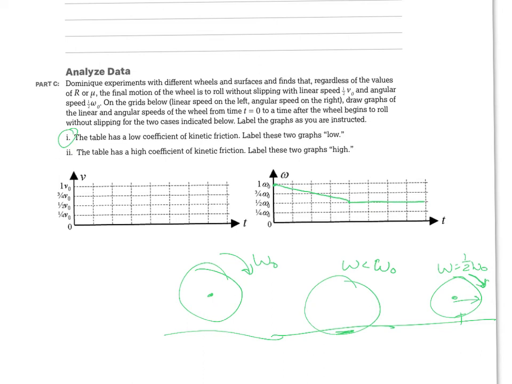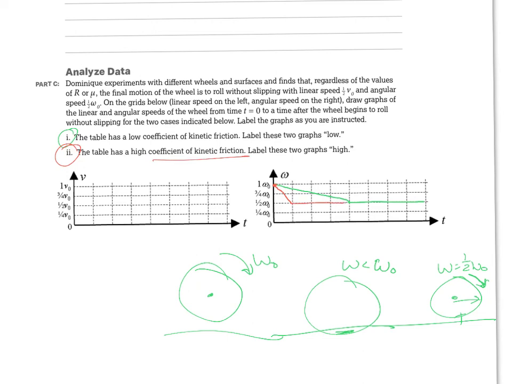And it's the same concept with, let's draw red for 2. I'm still going to start with that same initial velocity there. It's just I'm going to get to half initial omega much faster if I have a high coefficient of friction. So it's going to take way less time.